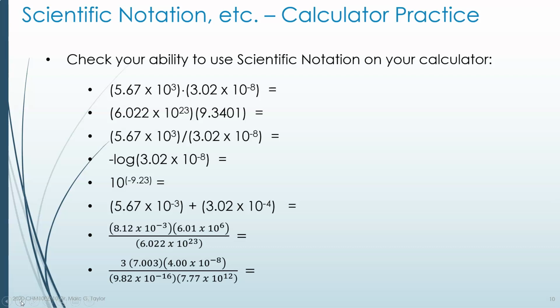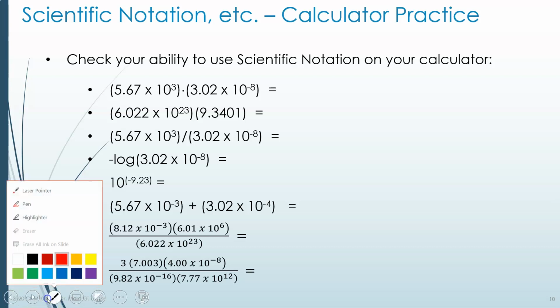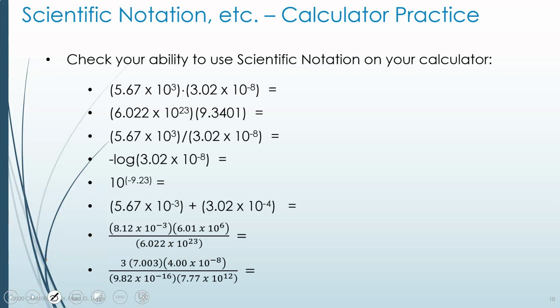But I will tell you this. I will tell you that on most calculators, to input a scientific notation number, it's one of a couple different ways, and I'm going to switch over to an annotate mode here so that I can write.